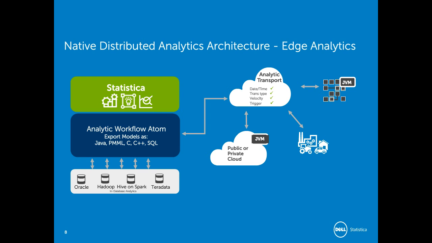And the third item is really the ability to distribute the code to internet-connected devices. So using some type of analytic transport mechanism to transport the code onto the sensors or devices themselves or onto the Dell gateway. So this is what we'll be covering today in the demonstration.